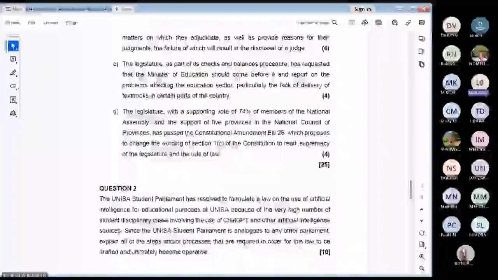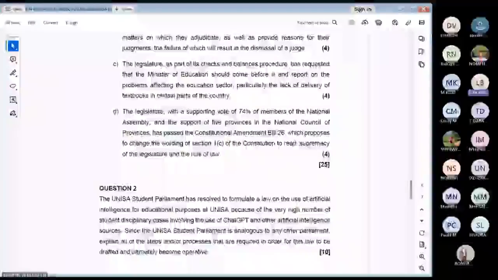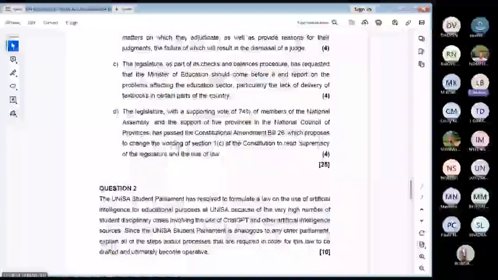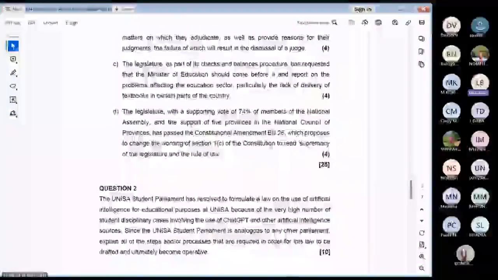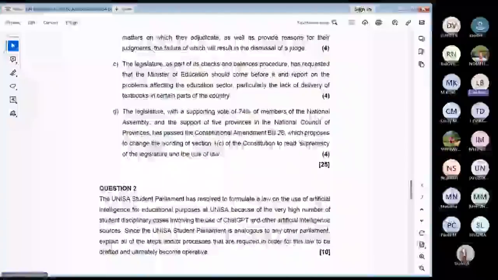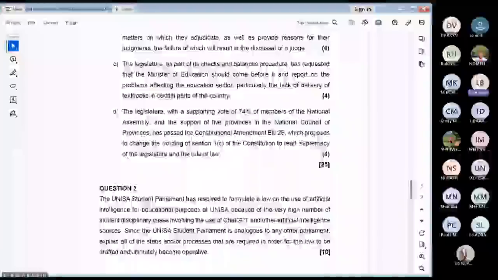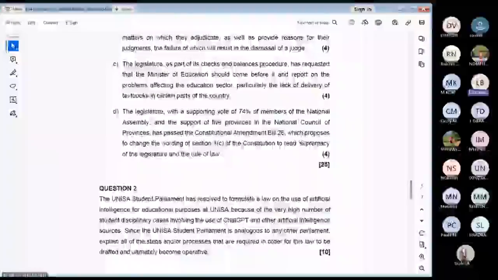Subsection 2, that talks about the members of Cabinet being accountable collectively and individually to Parliament for the exercise of their power and the performance of their functions.